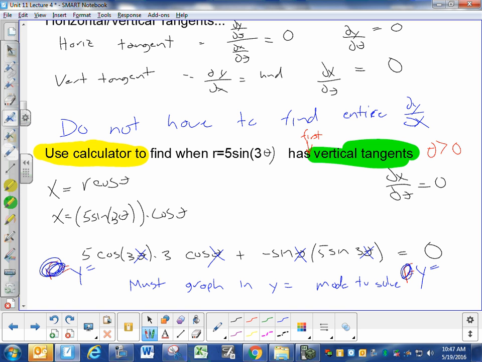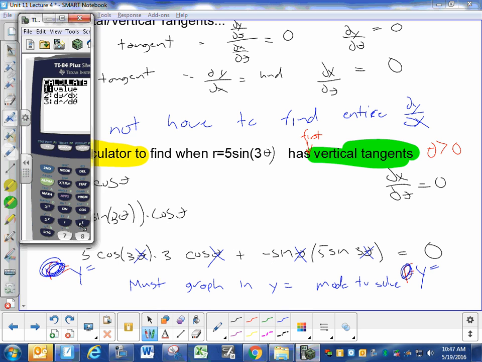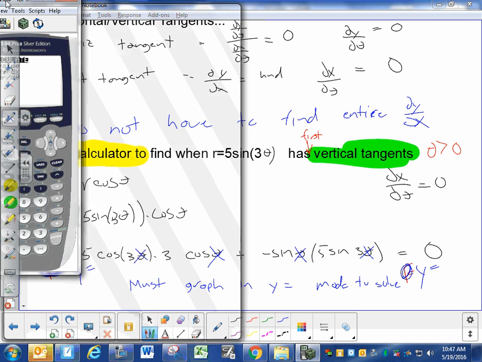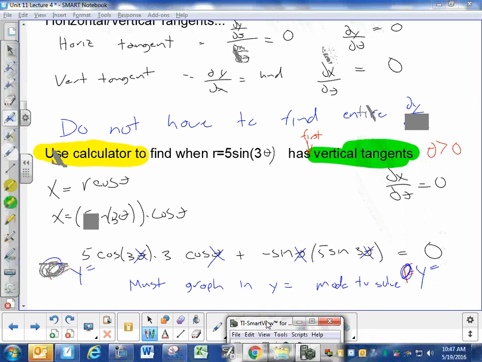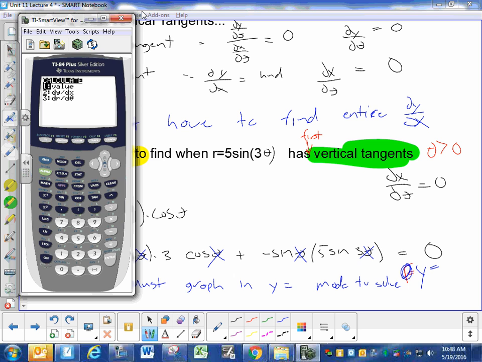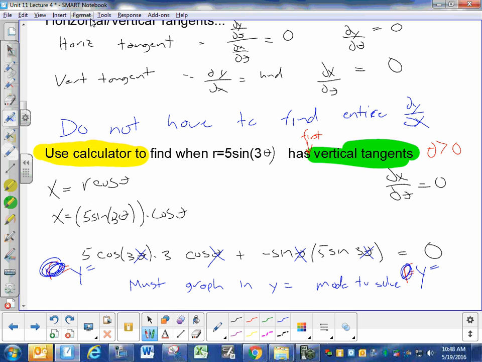Why am I freezing? I guess I should freeze so that you can see it. Is everybody doing it? It's probably taking a while to graph.